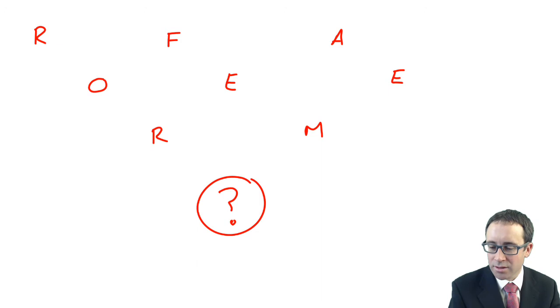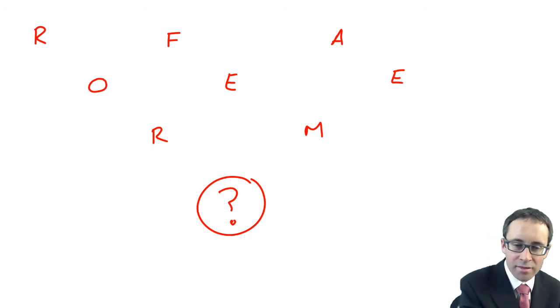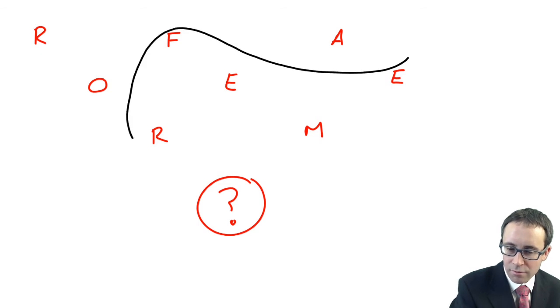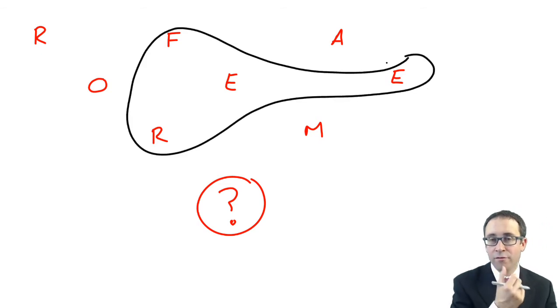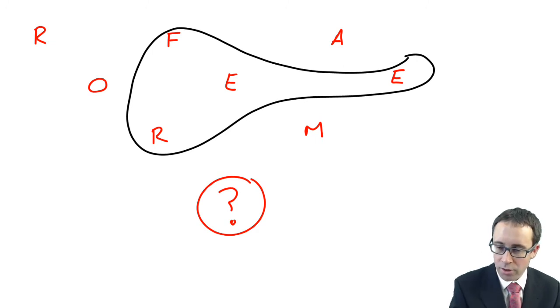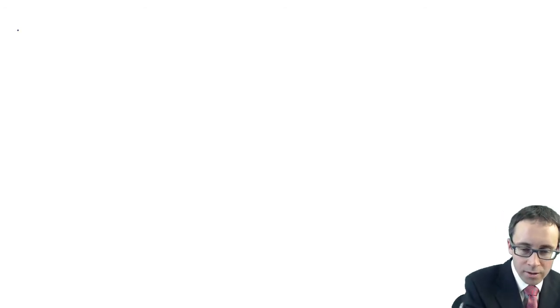Maybe try this. See what you've got. I think you've got the word free. And Rome. So what you've got there is a way to remember what is contained within the framework.